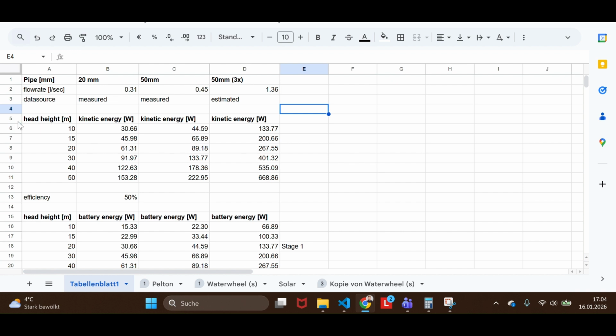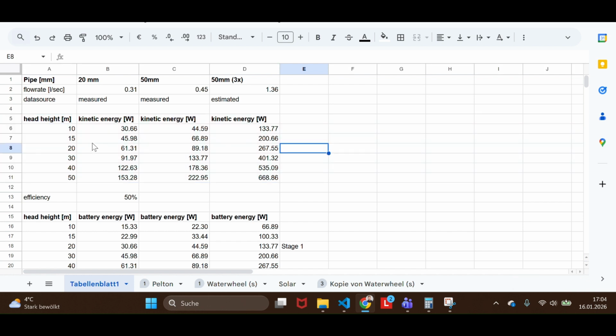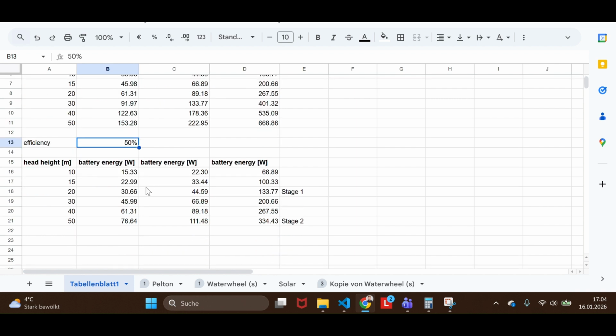Down here you see the kinetic energy the water has for different head heights. This is just the kinetic energy for the different pipe sizes. I estimate an efficiency of 50%. And now comes the interesting part.